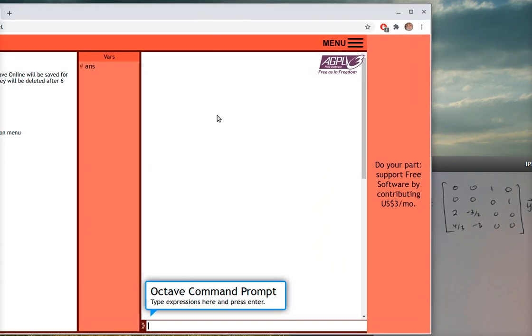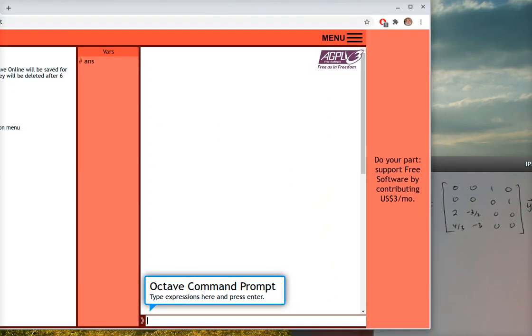Okay, so now I'm going to type in this matrix, and I'll just type A equals square bracket 0, 0, 1, 0. I'm just leaving spaces. You can also use commas, and then 0, 0, 0, 1, and then 2, minus 3 halves, 0, 0, 4 thirds.